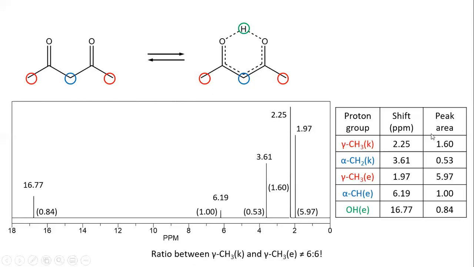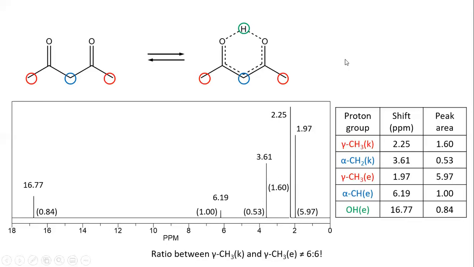In this case, we can immediately see that we actually have more enol compared to the keto, because if we just compare the methyl, the peak for the enol form is bigger compared to the keto form. And this information is what will give us the value of the equilibrium constant.